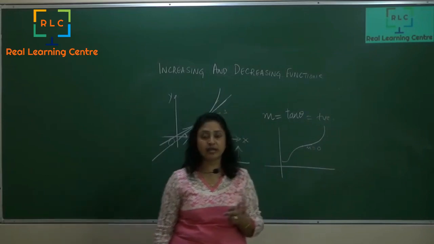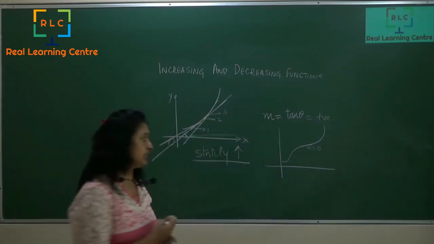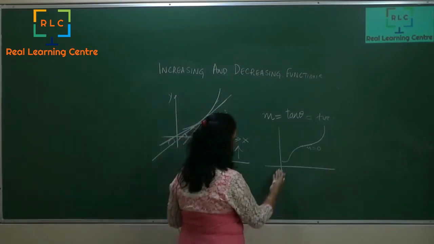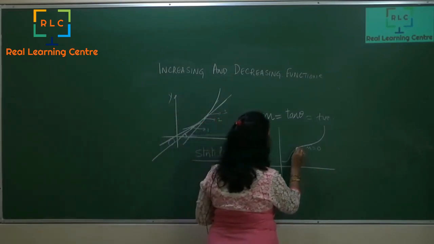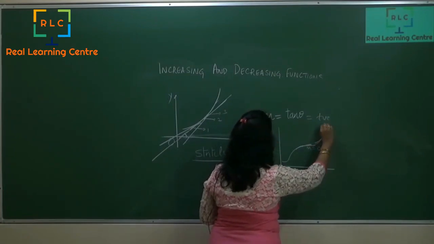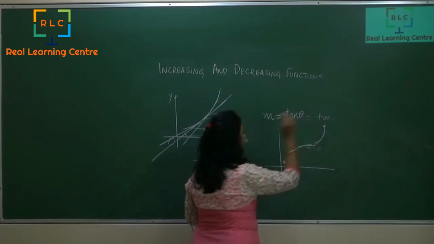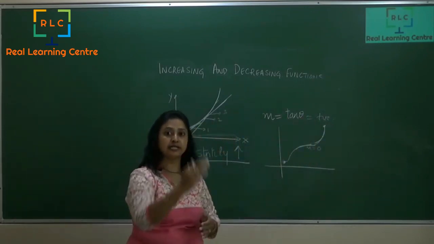So wherever the slope is 0, then I know that the wave has increased to a certain level, and there it will come to one particular point where it is straight, and then again it will increase. When you look at the initial position and the final position, it has increased totally.